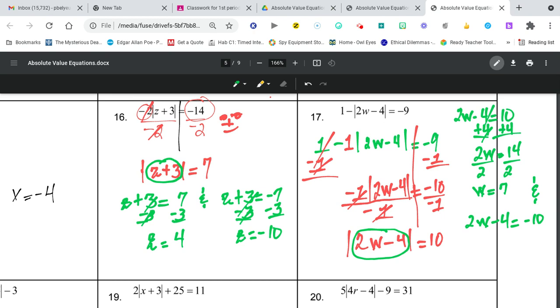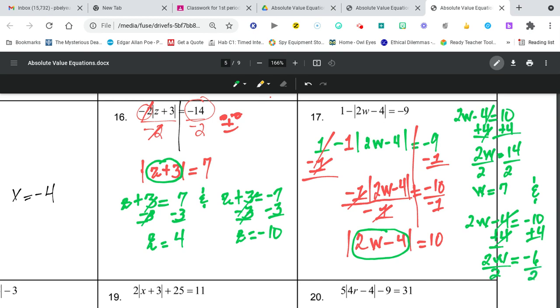You just got to make sure that you get rid of all the stuff on the outside of the absolute value before you set the inside equal to a positive version and a negative version. All that stuff on the outside has to go first. All right, here you're going to add 4 to both sides. So you have 2w equals negative 6.